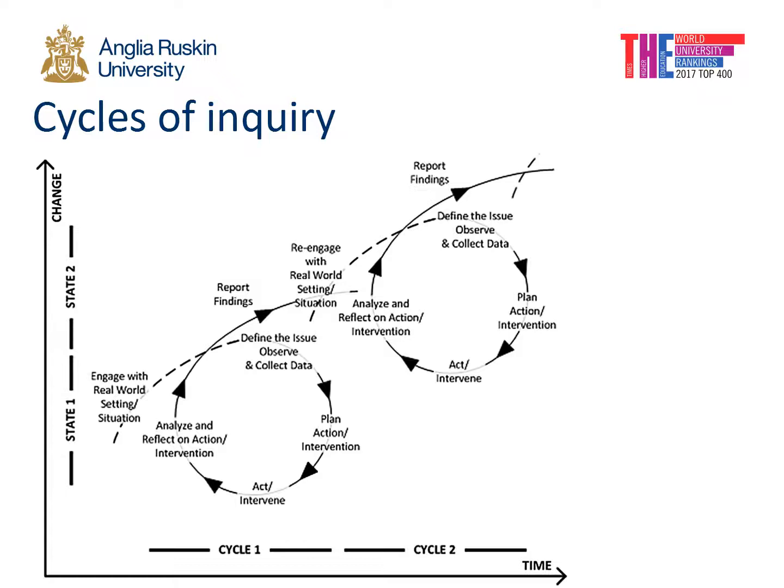We undertake it, reflect on it. We report our findings, and then we undertake the same process once again. So that's very much what the process is going to be for you in undertaking your projects, completing one or more cycles of inquiry.